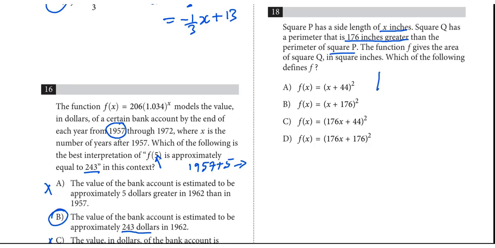So let's simply just draw the two squares. This is square P, and the side length is X, as you can see over here.